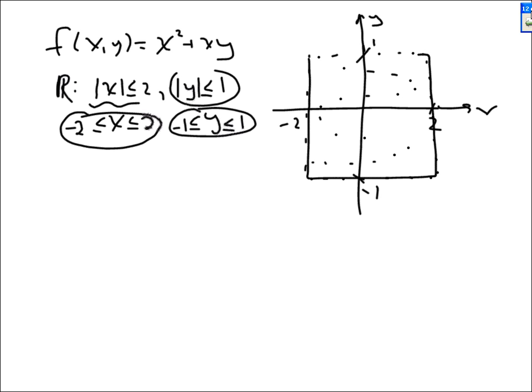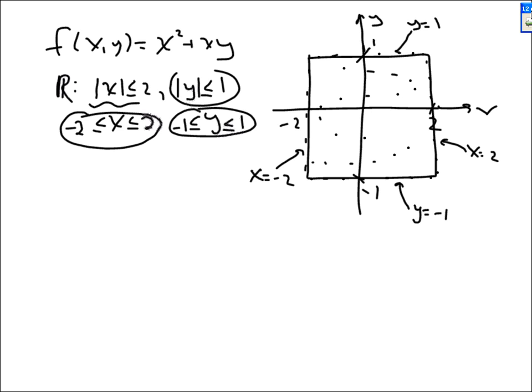So we want to find the absolute extremes. Okay, so we need to know the equation. The equation of this line is x equals 2. This line, x equals negative 2. This line, all the y values are 1.